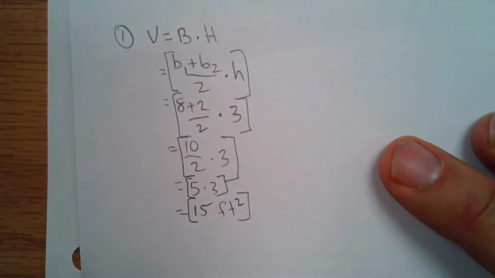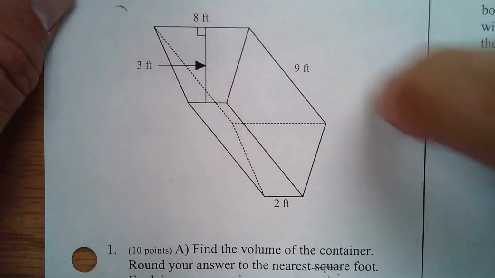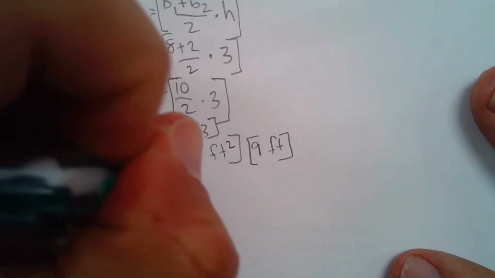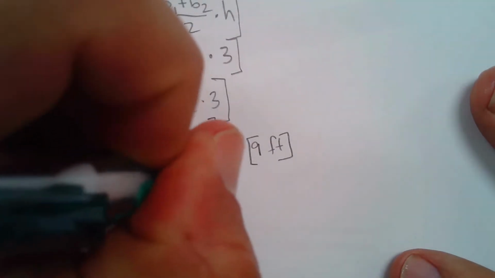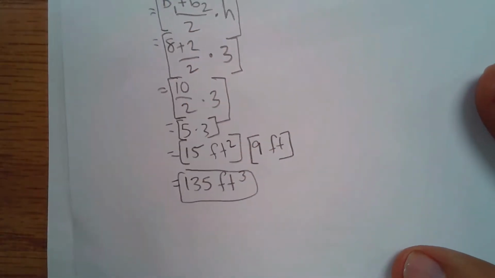Then I multiply that by the height of the prism, which is the distance between the bases, in this case 9 feet. 15 times 9 is 135. Now it's cubic feet, because we're talking about volume.